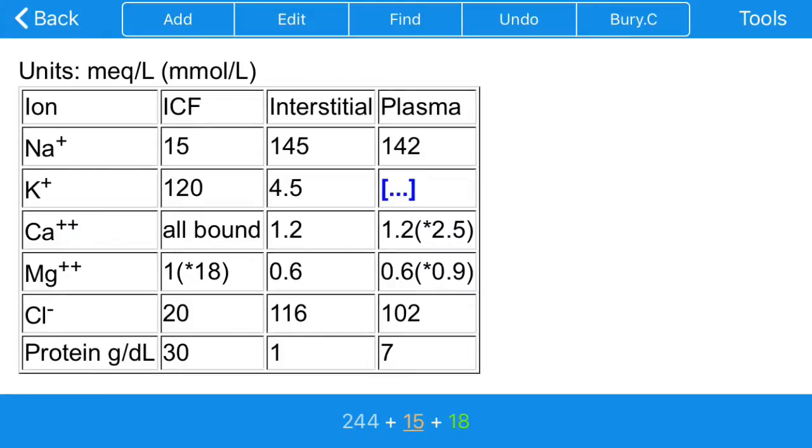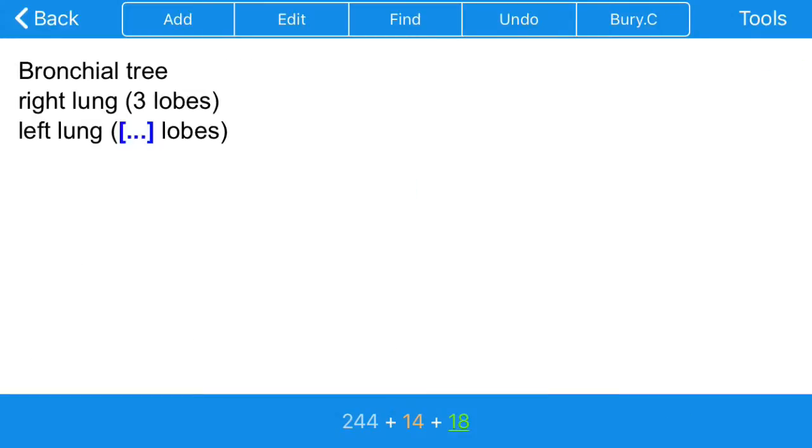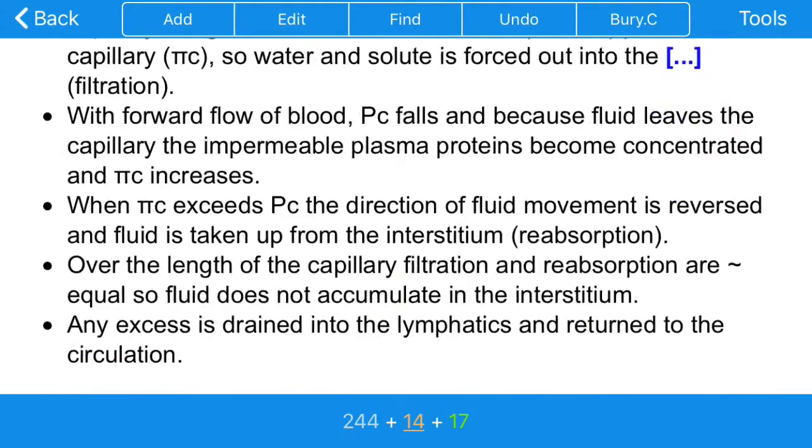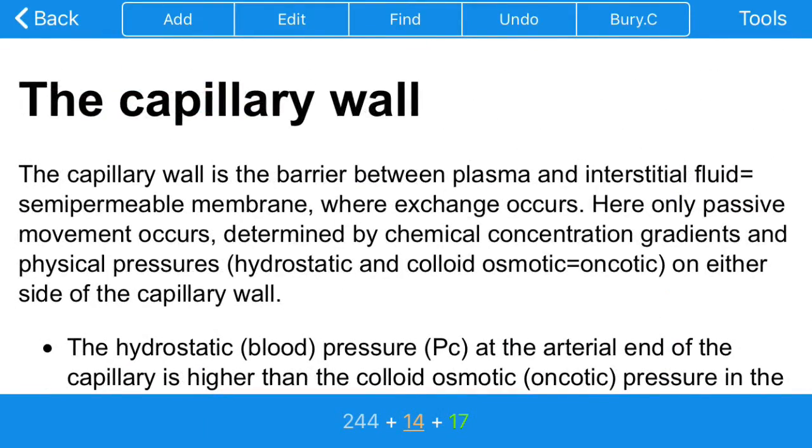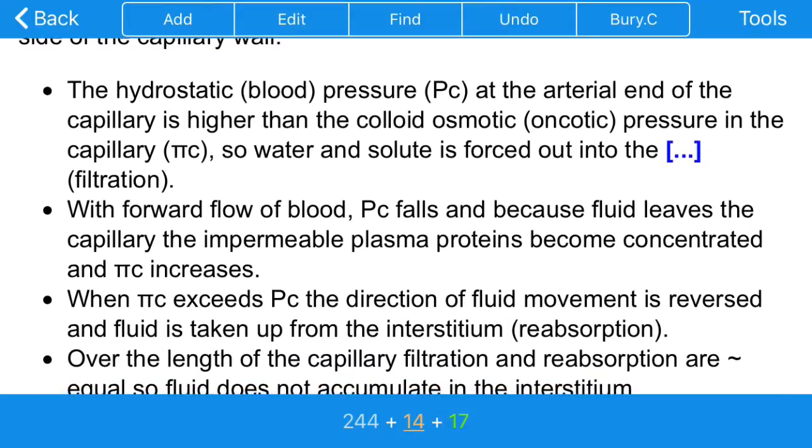But, let's see. How do I have more? Anyway, 4.4. 2 lobes, only 2 lobes. Heart's in the way.